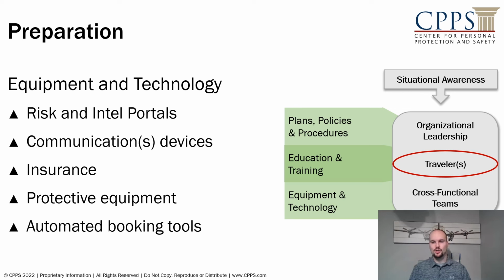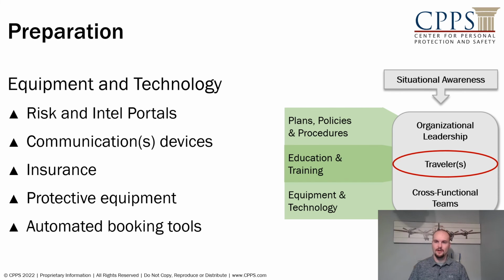So when we're getting a traveler prepared for their trip, there have been issues before where they circumvent the booking tool and now they have an issue, but they're not in the system, so nobody knows about it. All of these different things are supportive of a program, and formulating and identifying how these all fit within the program up front is going to help set us up for success.